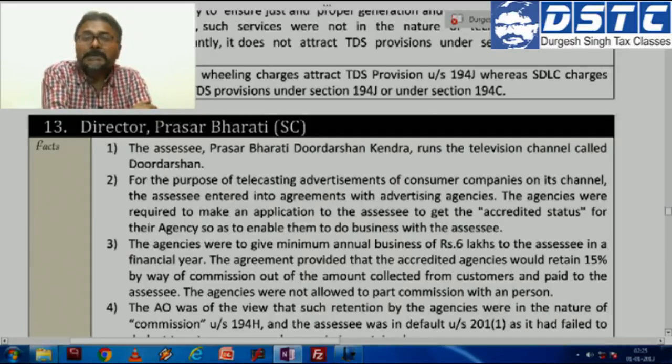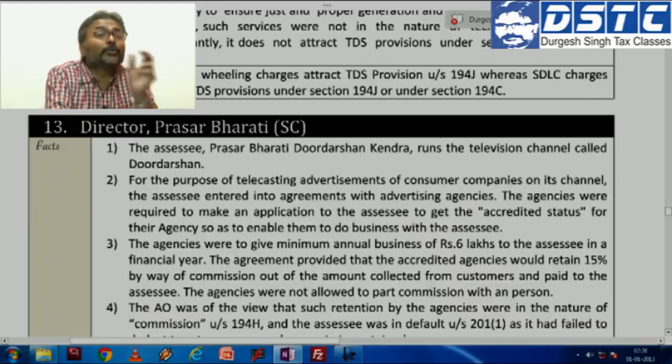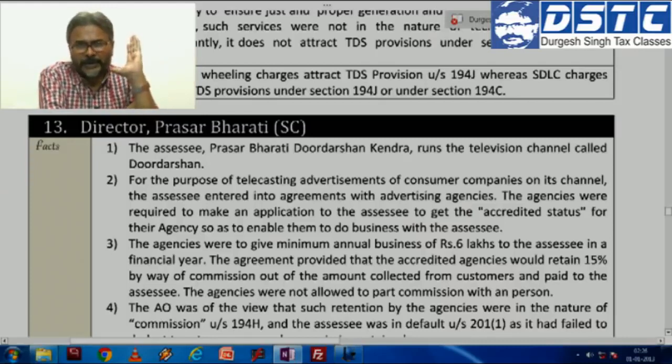These agencies are also given targets. Look, if you achieve this much target, you will get this much commission. They have their own grading system, so the higher the business, the higher the commission. This is how, through their accredited agencies, Doordarshan gets advertisements.